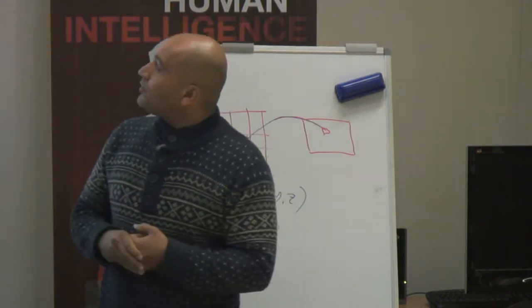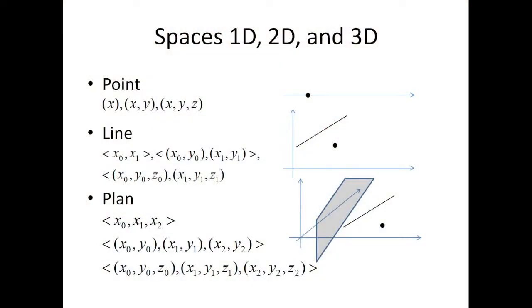We usually refer to a point in one dimension as x. In two dimensions we have x and y, and in three dimensions x, y, and z. A line in two dimensions connects two points, x0, y0 and x1, y1, and in 3D x0, y0, z0 and x1, y1, z1.